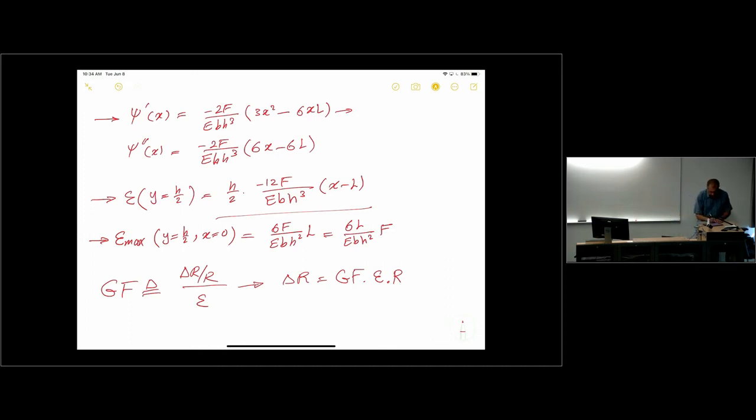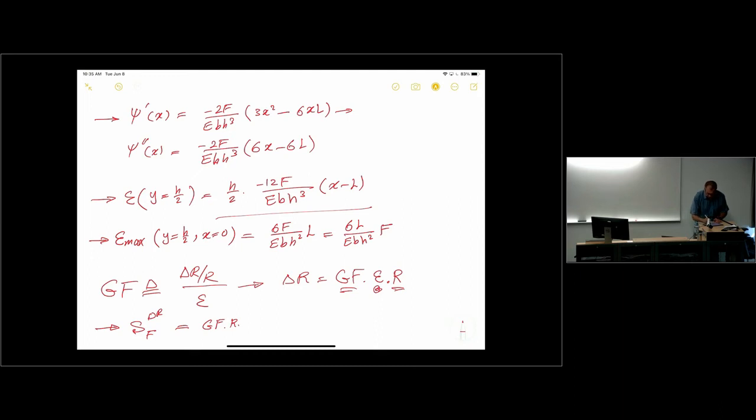And therefore, if I'm looking at the sensitivity of delta R to force, right, that's what the problem asked from us, I can show that this is going to be gauge factor times the initial value of the resistance. That's a constant, right? And then I have an equation for epsilon.